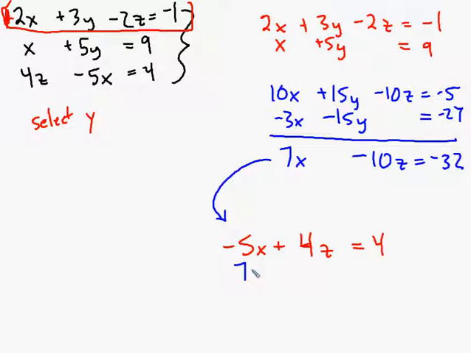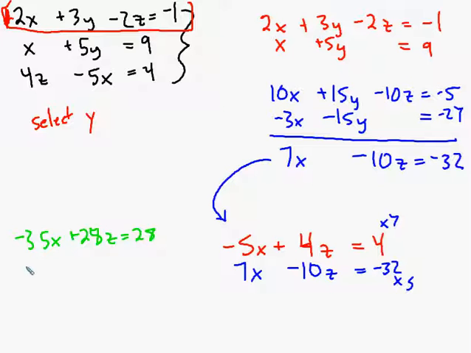All right, so which variable do you want to eliminate on the next step? Okay, x. What's my common multiple? 35. So I'll multiply the top one by 7 and the bottom one by 5. I'll do this in green, over here. Just organize your work somehow. -35x plus 28z equals 28.